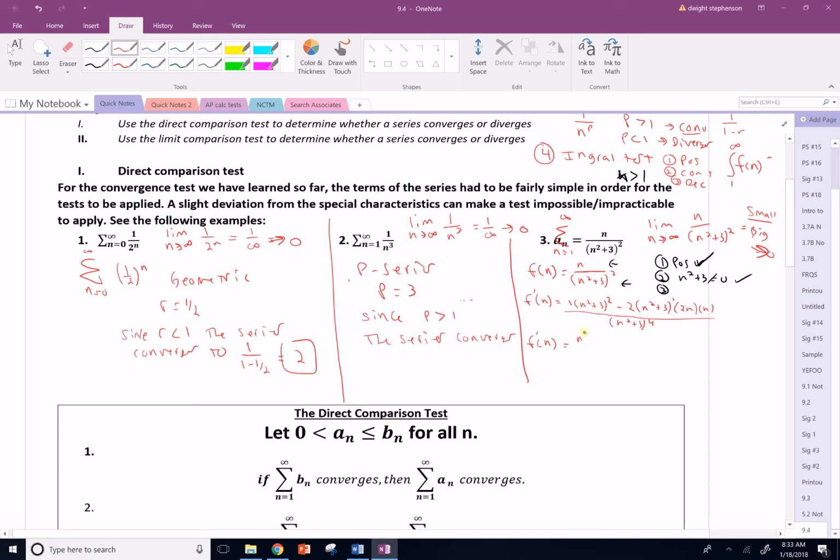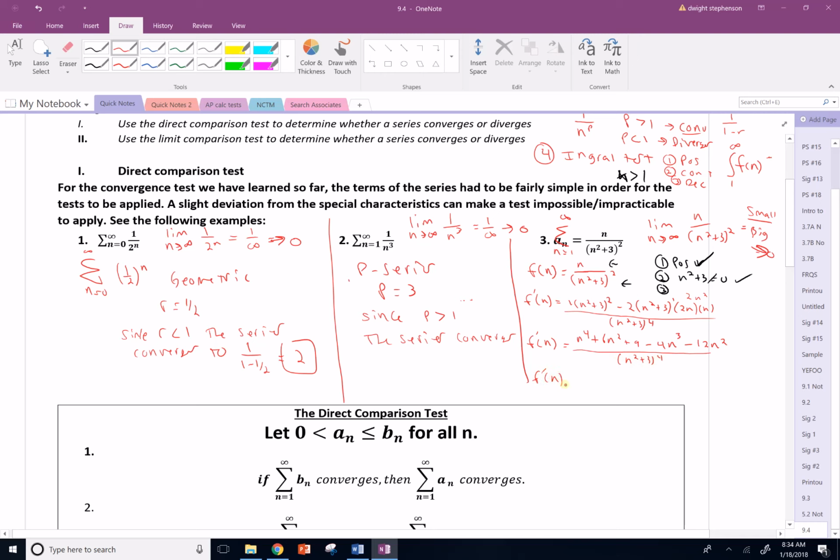You're going to get n to the 4th plus 6n squared plus 9. Simplify all this stuff, this is 2n squared. And then you distribute this negative 2 in there, and you're going to get negative 4n to the 4th minus 12n squared. And it's all still over (n squared plus 3) to the 4th.